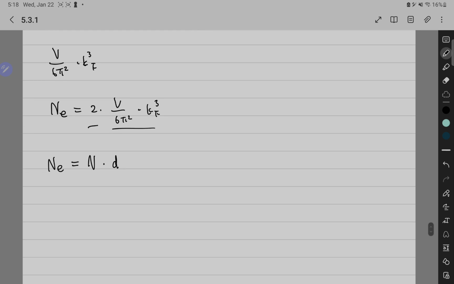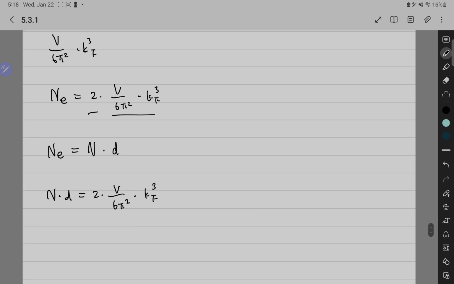So now we can equate these two formulas. n times d is equal to 2 times V over 6π² times kF³.